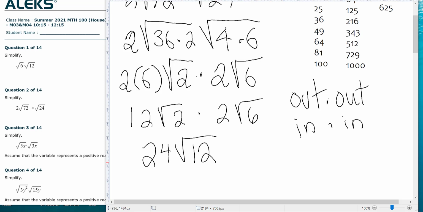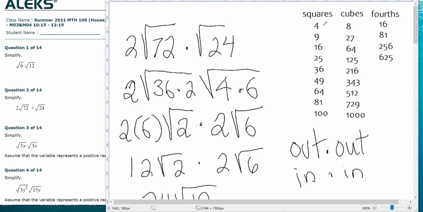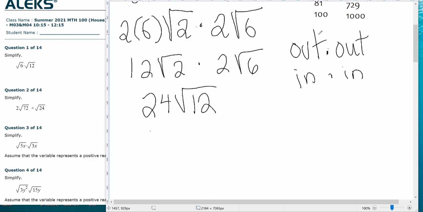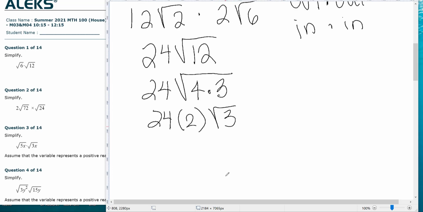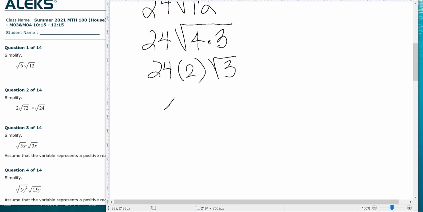But the square root of 12, I go back up here to my square list, and I see there's a 4 here. So 12 will divide evenly by 4, so I will rewrite this 24, and the 12 becomes a 4 times 3. I can take the square root of 4 outside. It will become a 2, which has to be multiplied times the coefficient 24. So my final answer for number 2 is going to be 48 times the square root of 3.